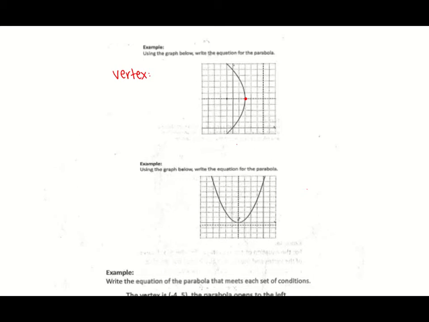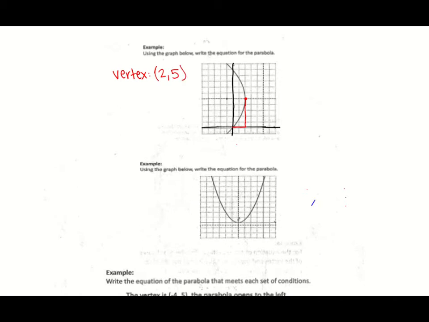If I look, my y-axis is right here, my x-axis is right here. So that means my vertex here, I go over 1, 2, and up 1, 2, 3, 4, 5. So my vertex is (2, 5).